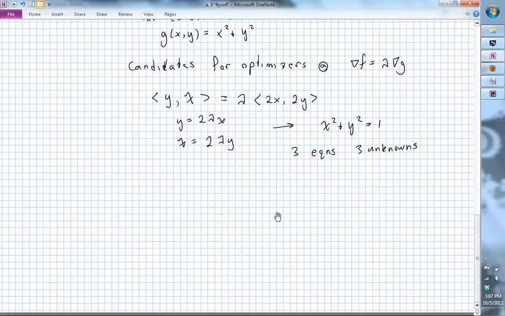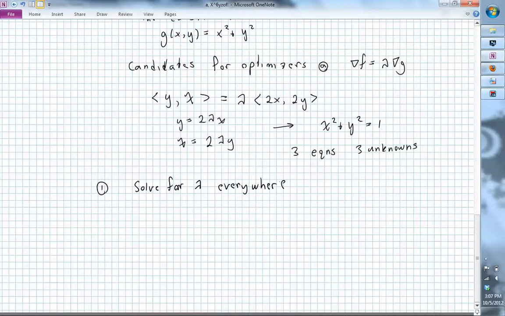So I've got three equations, three unknowns, and I don't care a whole lot about lambda other than just as a vehicle for manipulating these expressions. But one possible way to go is to solve for lambda everywhere that you can.